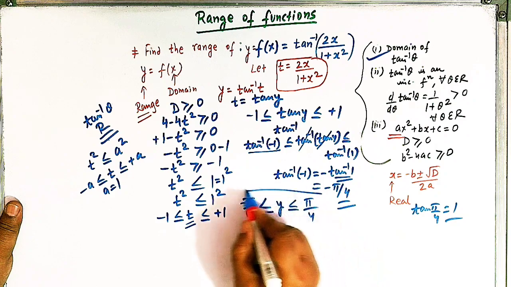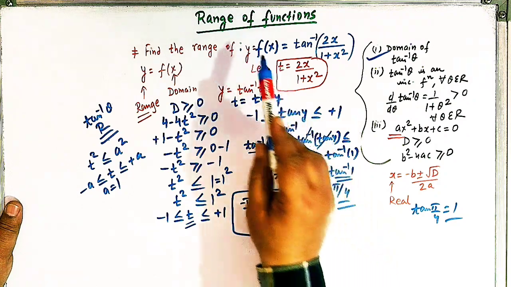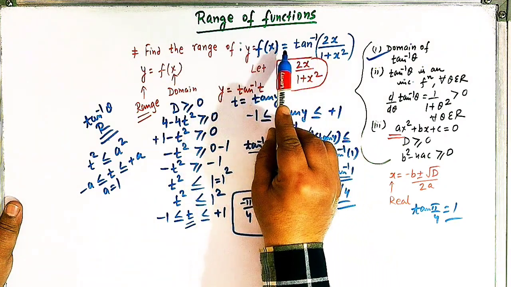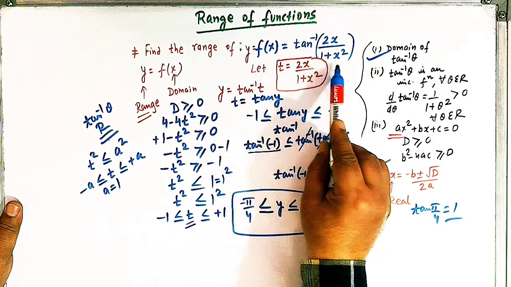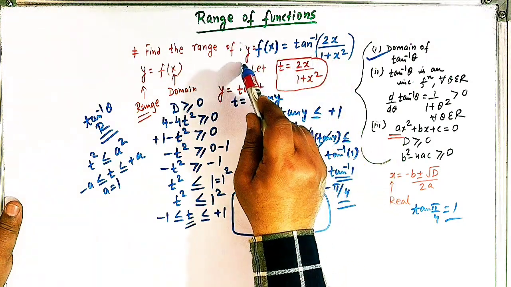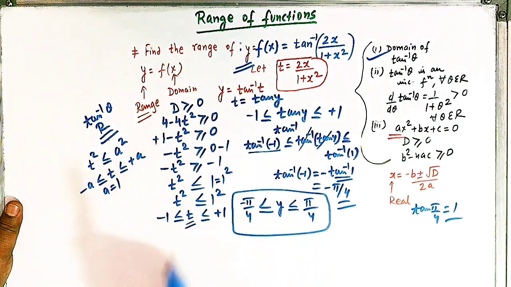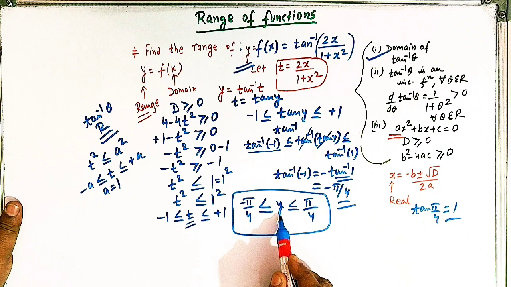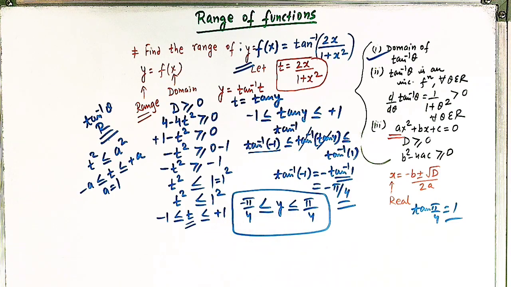So viewers, our function was y is equal to tan inverse 2x over 1 plus x square, and this y is known as the range of the function, and we have obtained this relation, that is this inequality, y is greater than or equal to minus pi by 4, less than or equal to pi by 4.